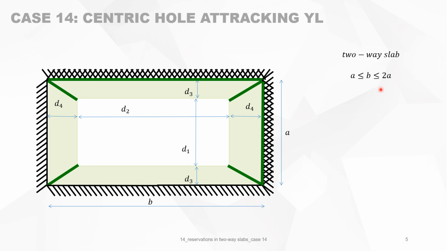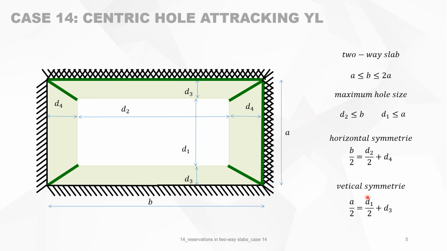Two-way slab means that B must be between A and 2A. Of course, the maximum size of the hole will be within the slab, which is logical. And the horizontal symmetry gives you a relation between D4, D2, and B, and between D1, D3, and A. The sum of all those values will be equal to A.